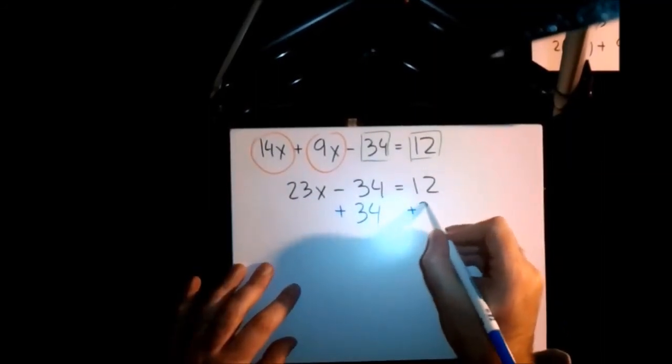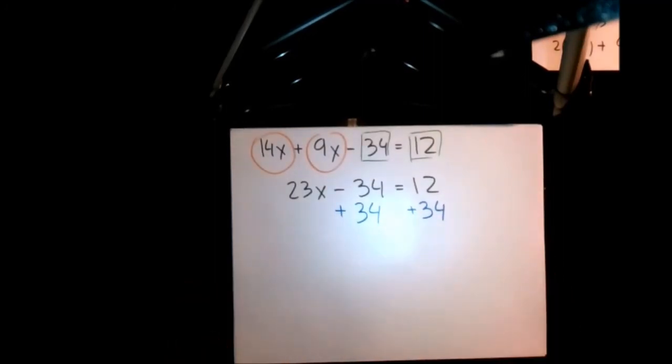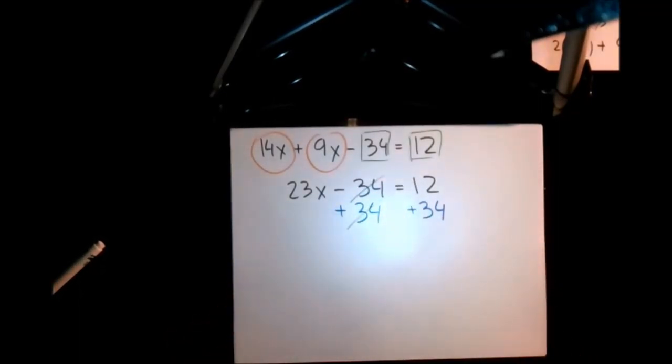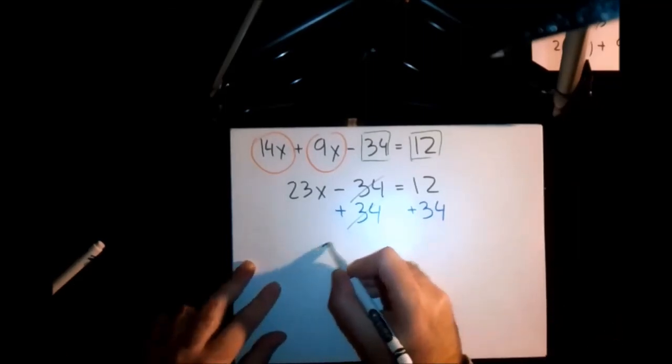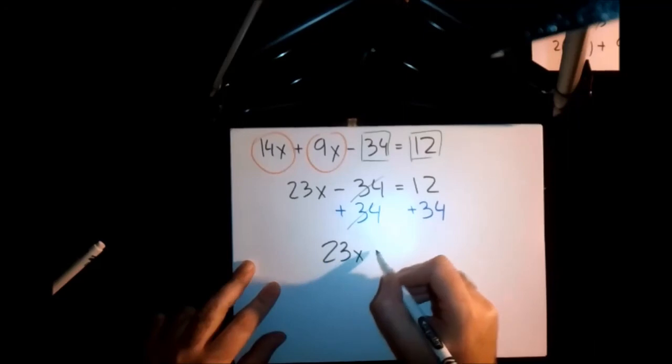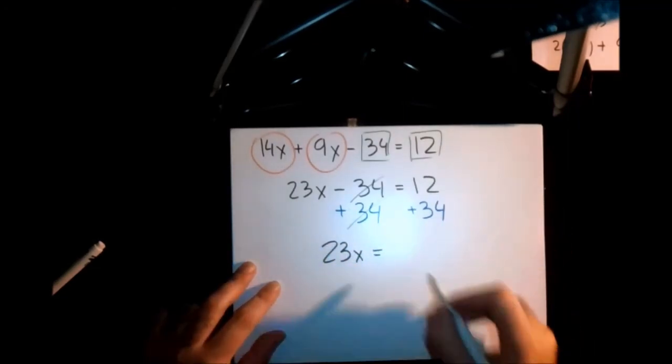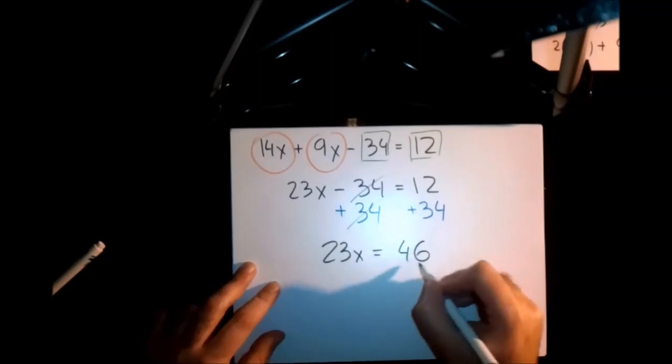And of course, to both sides. Okay, perfect. Minus 34 plus 34, that's gone. It's a 0 now. And I'm left with, on the left side, 23x. On the right side, 12 plus 34, that yields a 46.